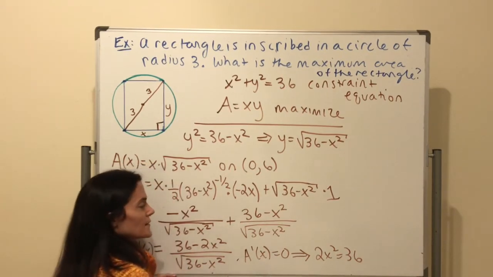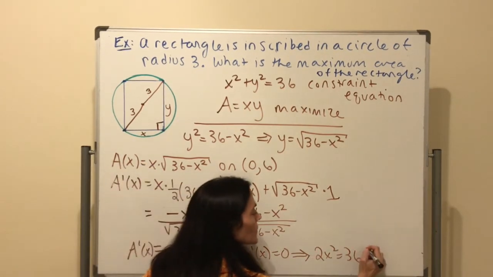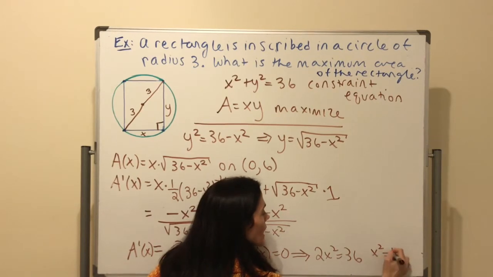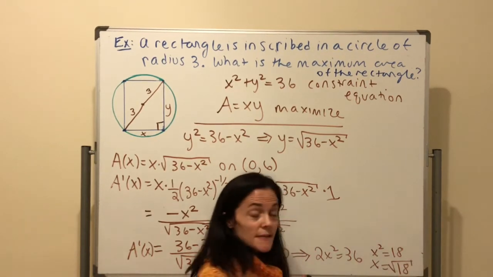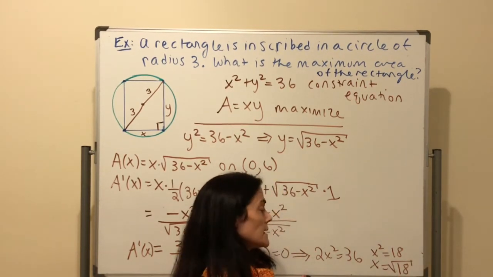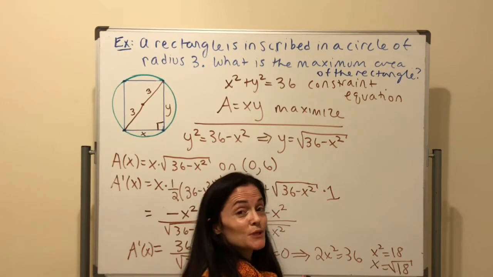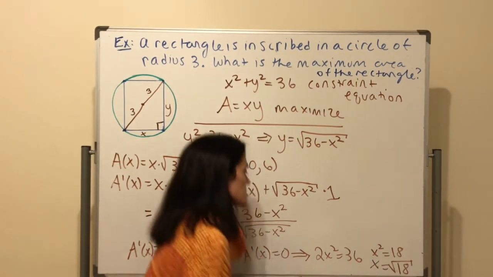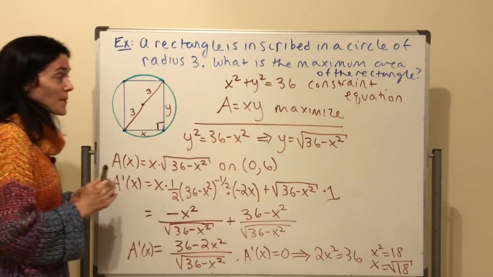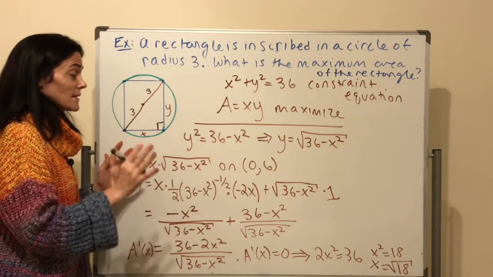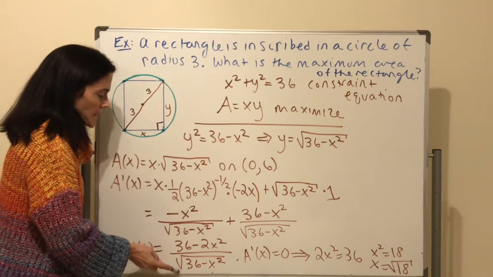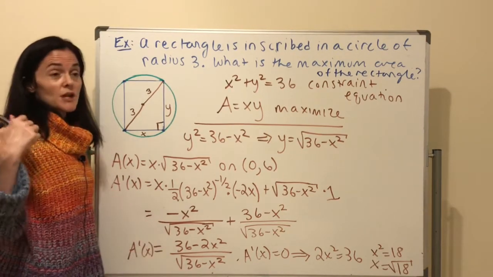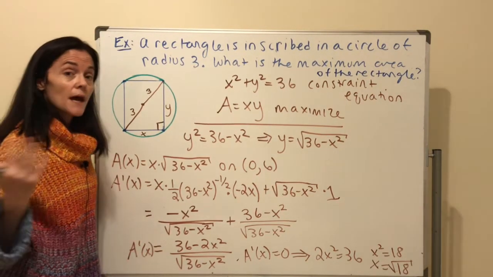x squared will be 18. We get x is square root of 18, which you can certainly write as, let's see, 3 times square root of 2, but I'll just leave it like this. Now, I'm about to erase and just write on the board some things that I need to move forward, but let me just say, there's always the question of, what about the derivative not existing?